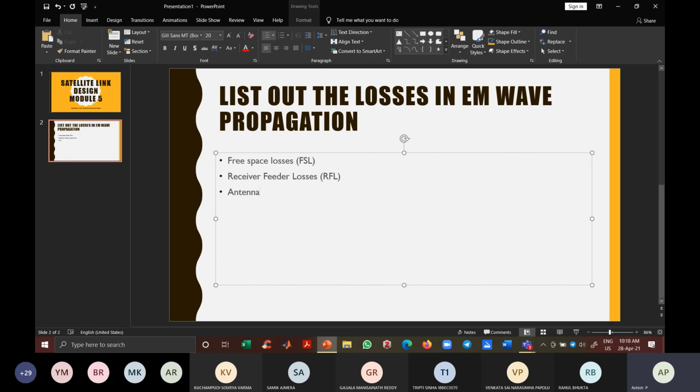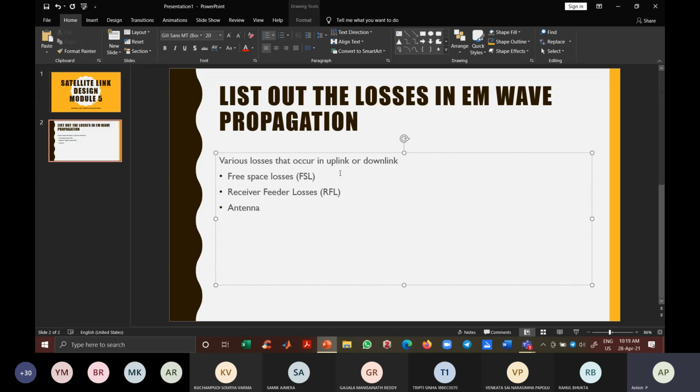And the main types of losses are these four types in the uplink and downlink transmission. So you can write, these are broad areas: various losses that occur in uplink or downlink. Free space loss is also known as path loss.